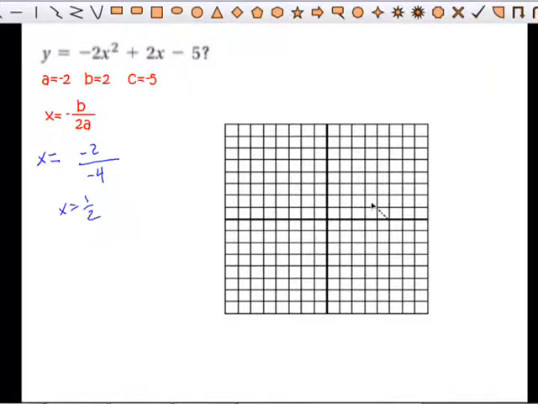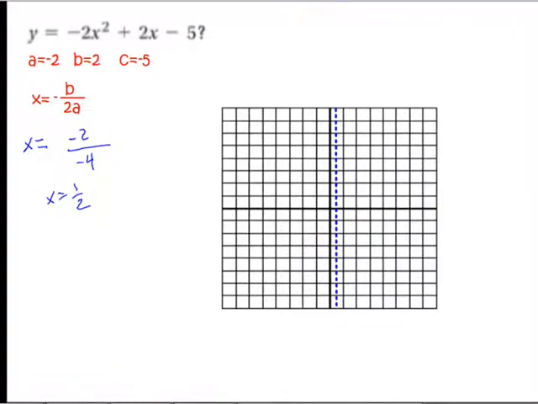So I'm going to draw that in. That is here. Now, let's plug 1/2 in for x and find y. So y equals negative 2 times 1/2 squared plus 2 times 1/2 minus 5. 1/2 squared is 1/4, and negative 2 times 1/4 is negative 1/2, plus 1 minus 5.